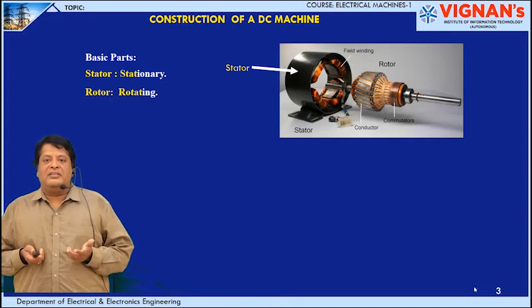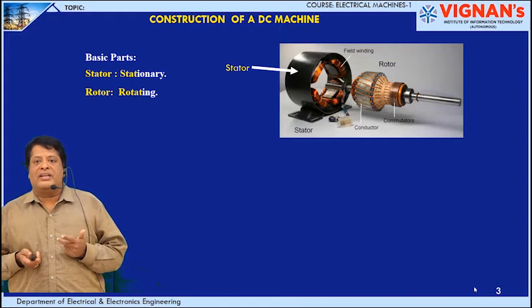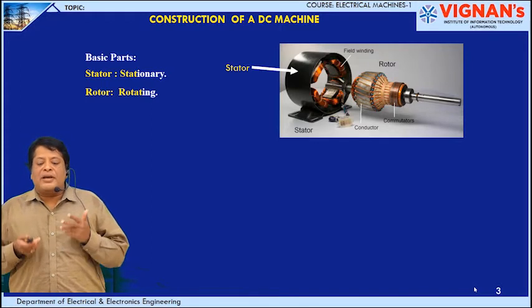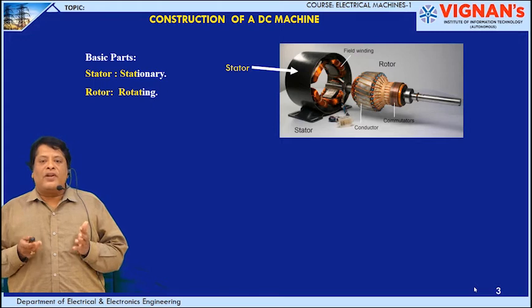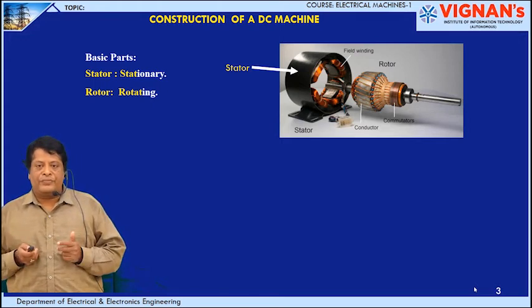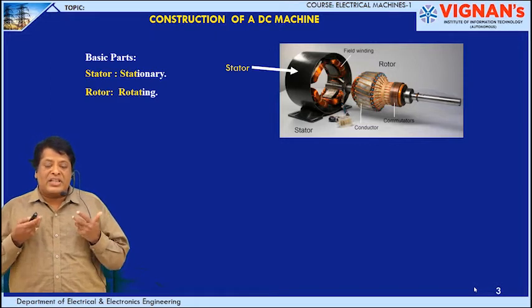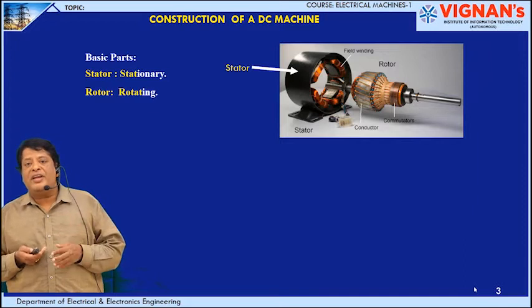For any machine, it requires two things: one is the flux, another one is the conductor. In some machines, we keep the flux in the stator, whereas the conductors are kept in the rotor. In some machines, we keep the conductors in the stator, whereas the flux is kept on the rotor.